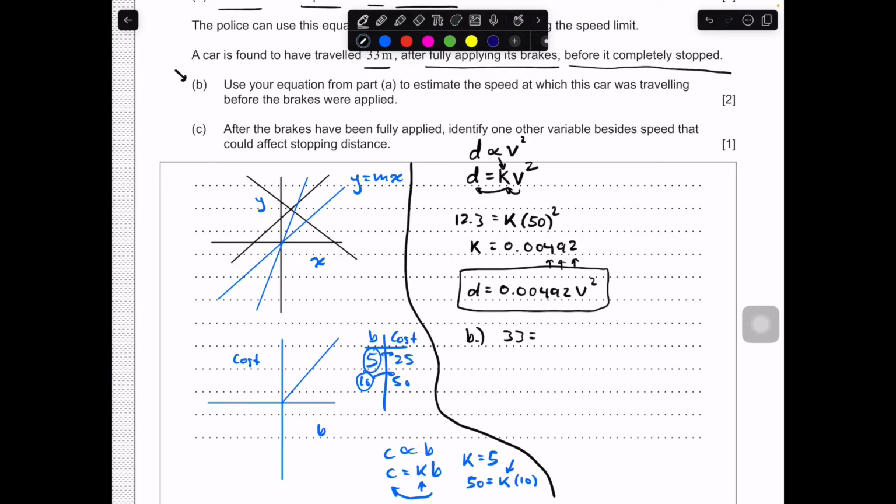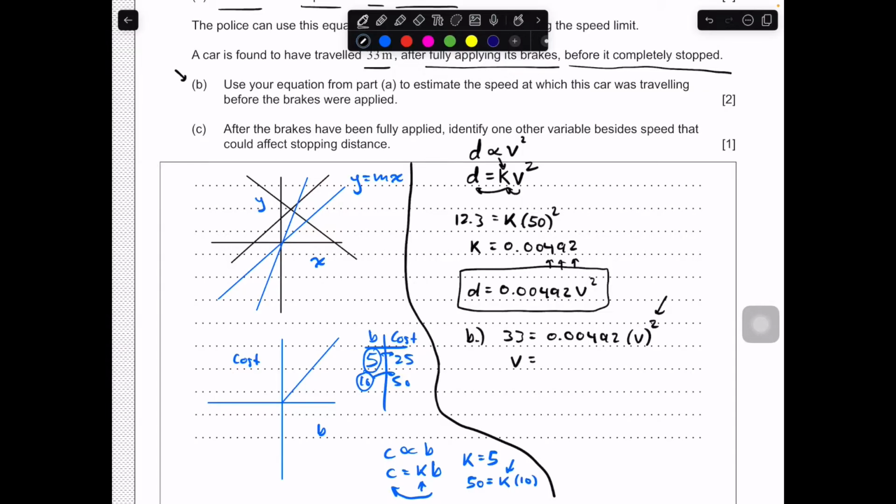We know our proportionality constant is 0.00492, but we don't know the velocity that this car was traveling. And our relationship also requires that we have the square of the velocity. So we can n-solve this again. Let's take 33 divided by 0.00492 and take the square root of that.